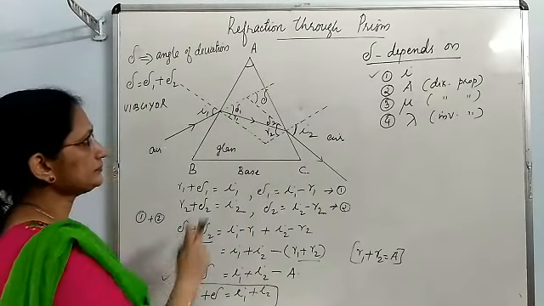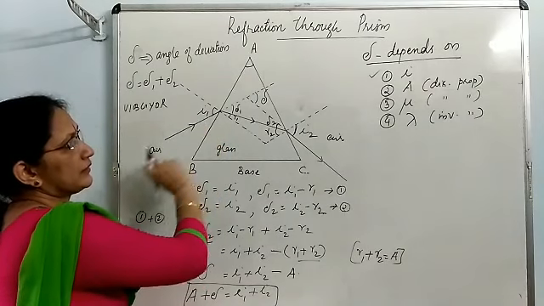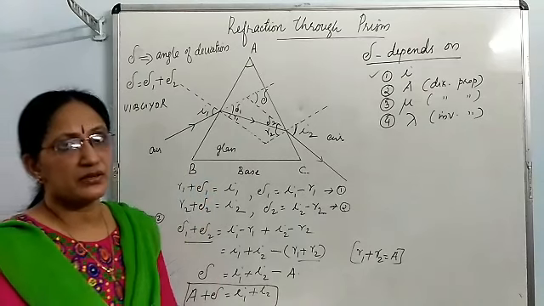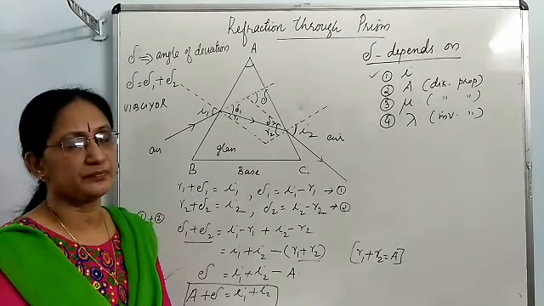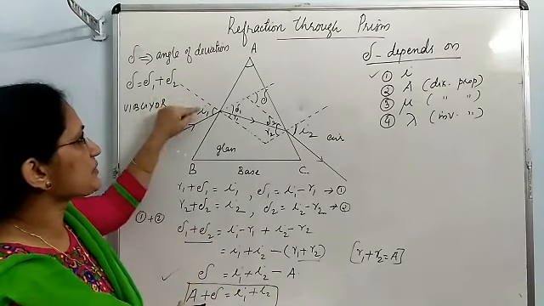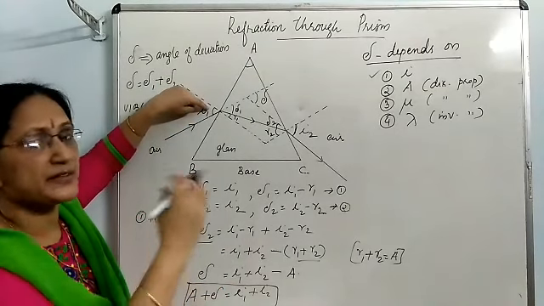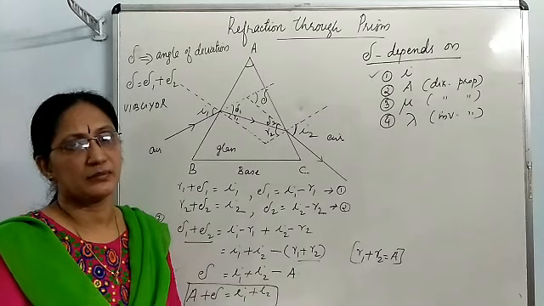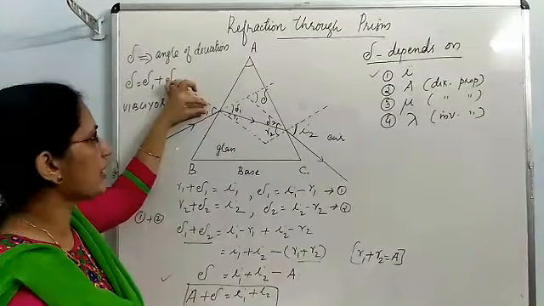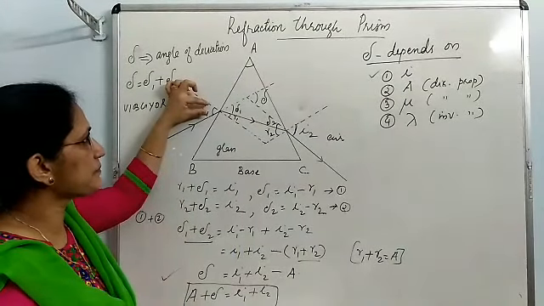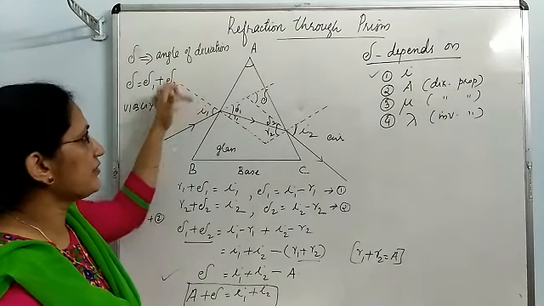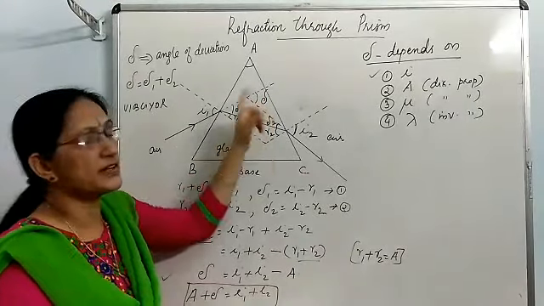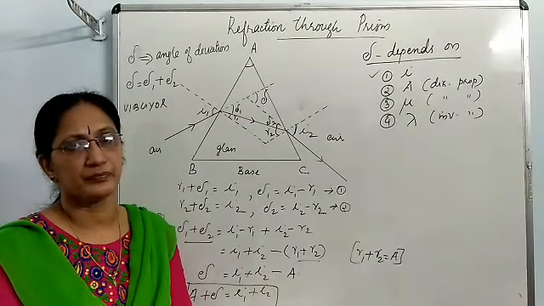Suppose we are conducting an experiment with a prism, starting with a small angle of incidence, and step by step we will increase the angle of incidence. Every time, for every angle of incidence, we will note down the angle of deviation.